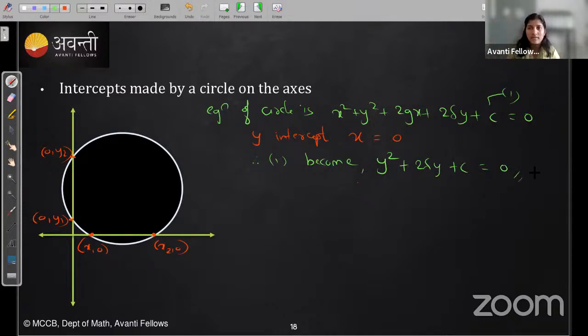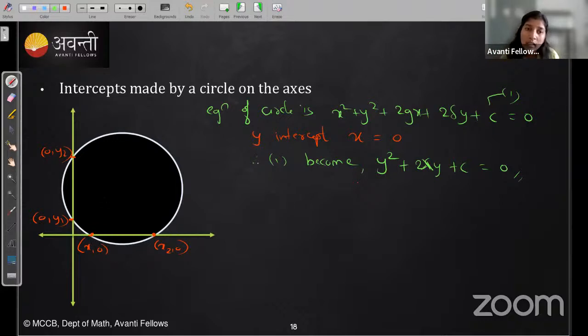Now observe this equation. It's a quadratic equation, right? Correct? And we know one point. Okay, you will learn this in quadratic equations, don't worry. From quadratic equations, we know that the distance between the two roots will be given by the square root of the discriminant.